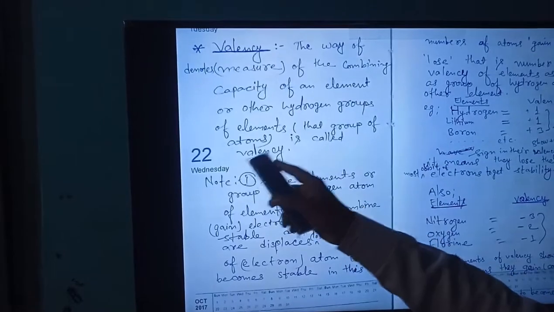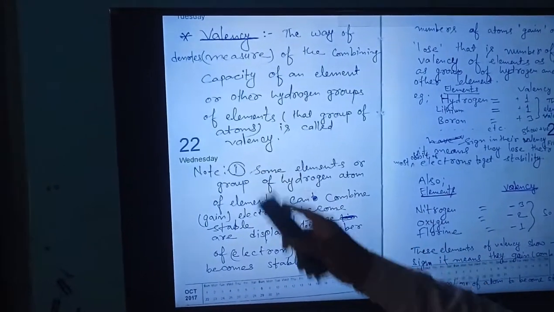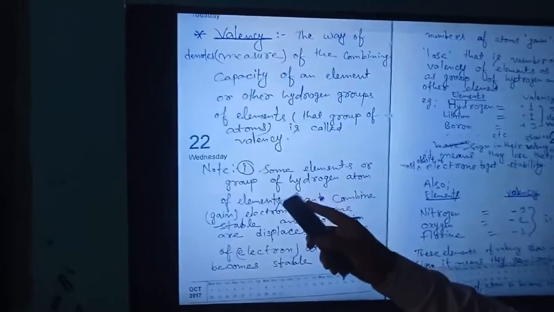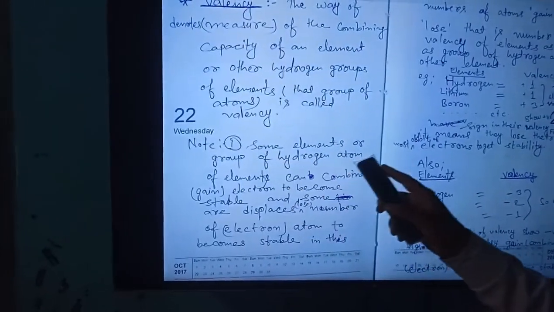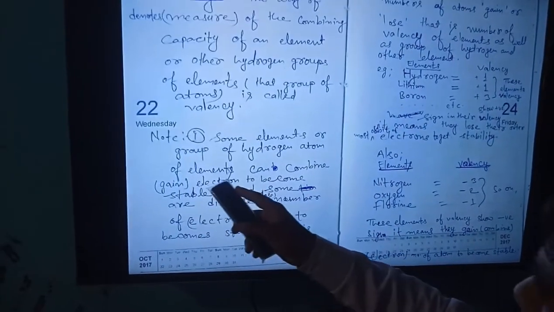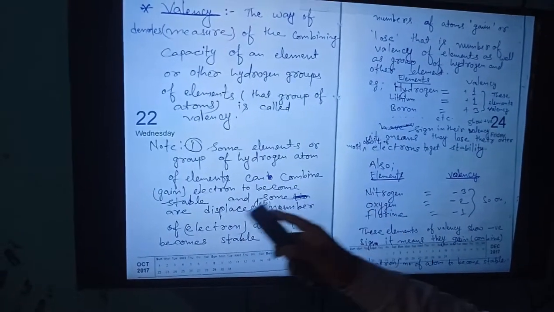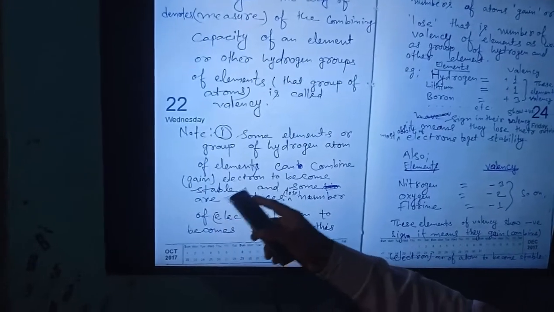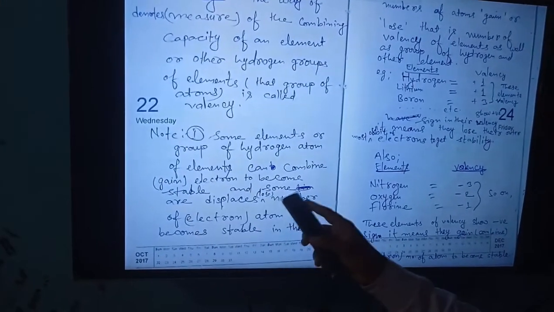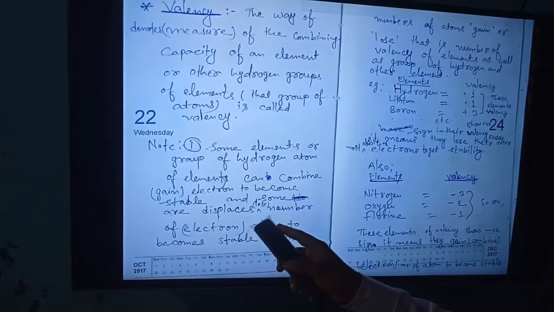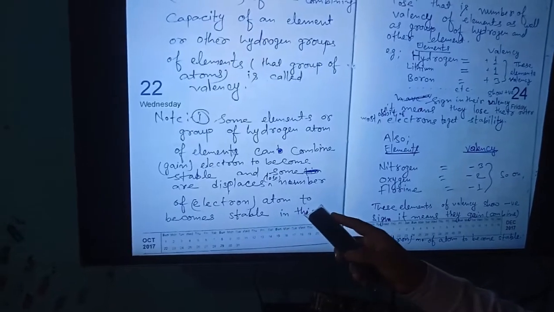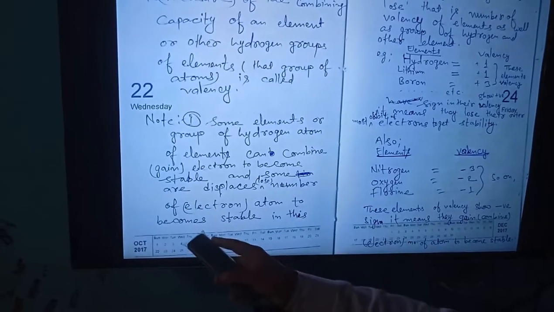Note 1: some elements or groups of atoms can gain electrons to become stable, and some are displaced, meaning they lose electrons to become stable.